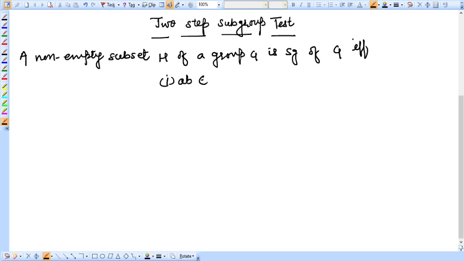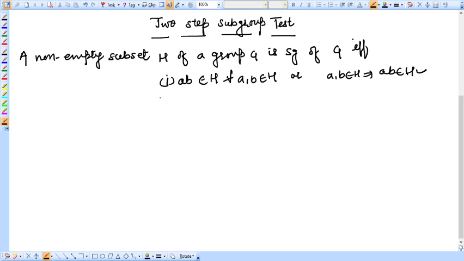if it is closed in H, that is AB belongs to H for all A, B belonging to H, or it can also be written as A, B belonging to H implies AB belongs to H, right?